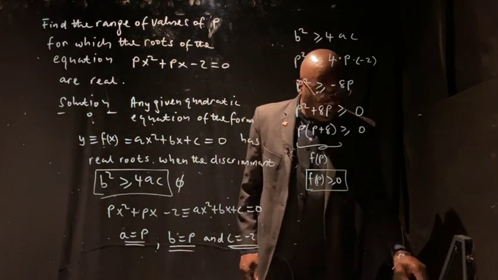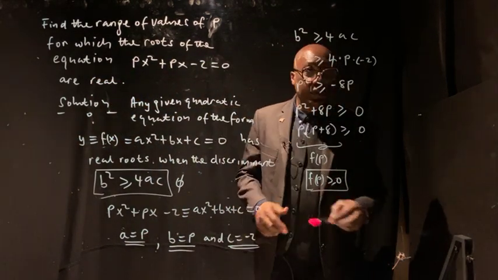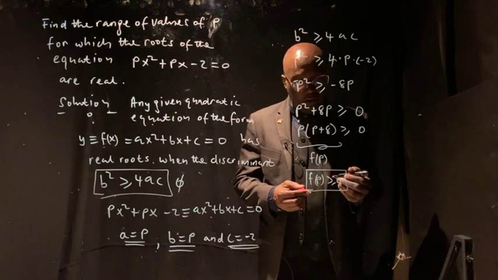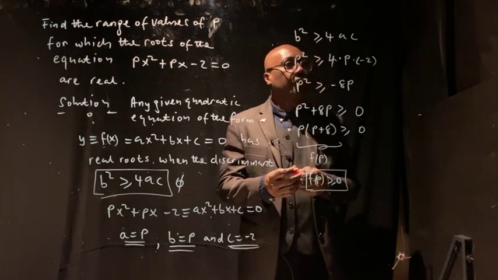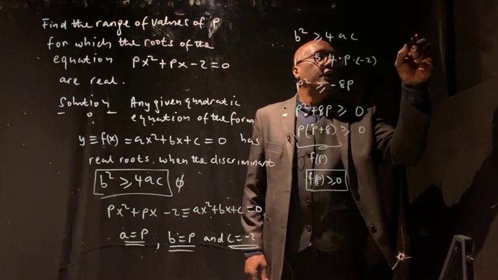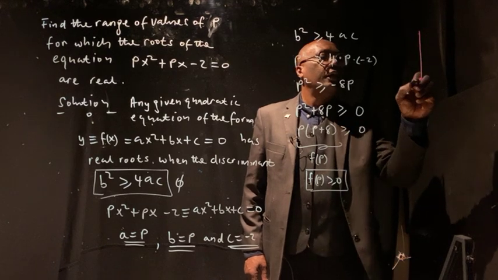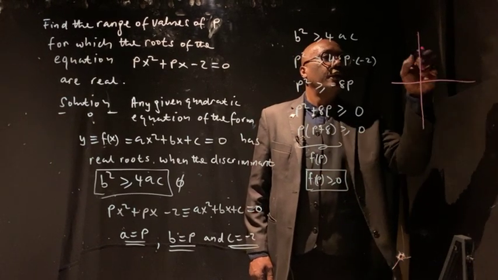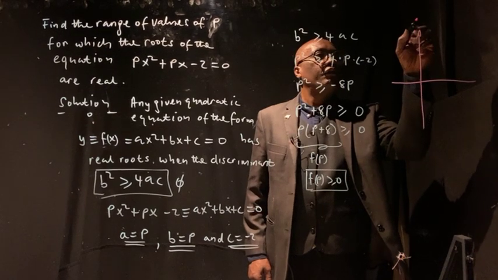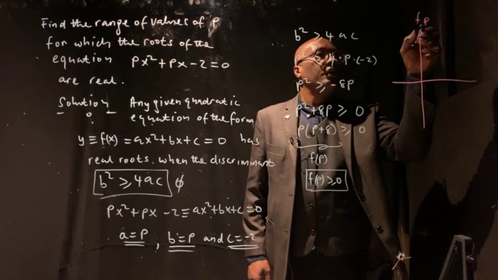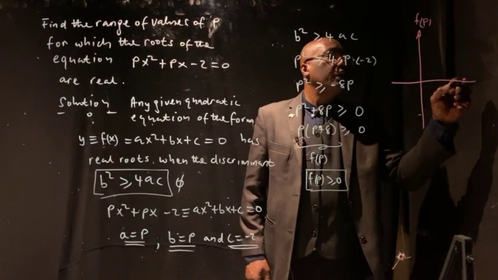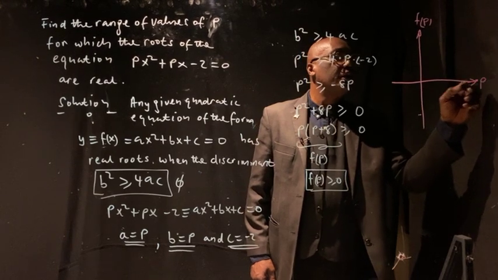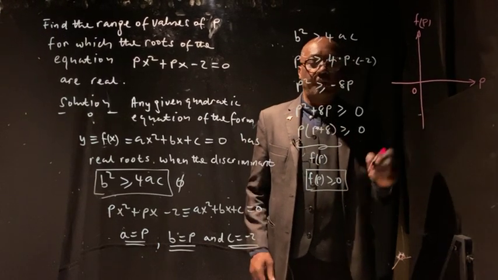Then let's make good use of this side by using a different popping color. Let's use this color. This is the f of p axis, and this is the p axis, and this is the origin.